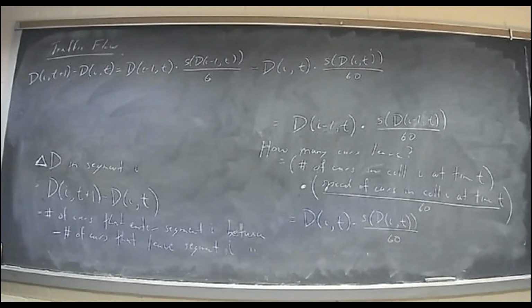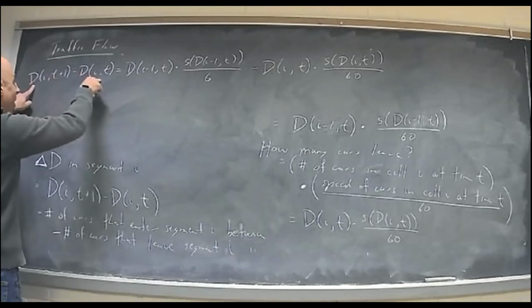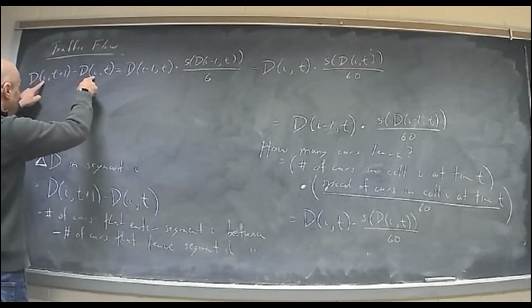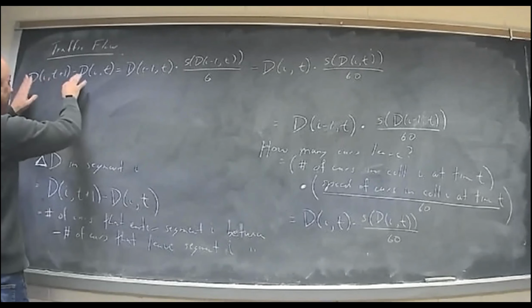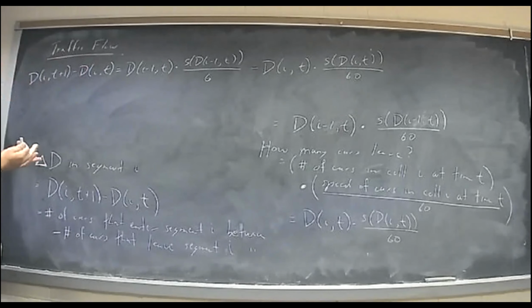So if that looks horrible to you, let's stop and just look at it carefully. What's on the left-hand side of the equal sign is by how much the density of traffic in cell i changes between time t and t+1. So the delta, the change in the number of cars, basically, since density is equal to the number of cars, since each segment is 1 mile long.